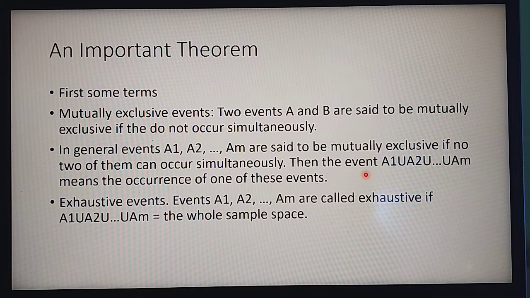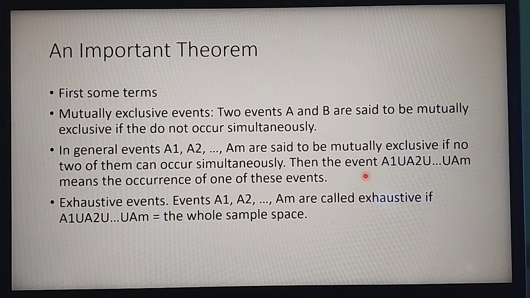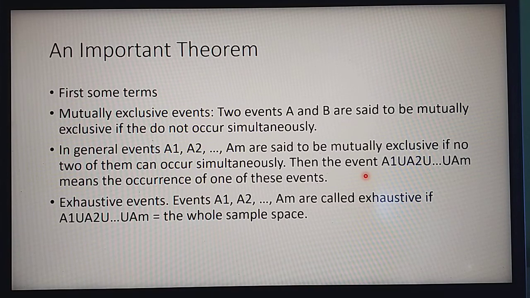And A1 intersection A2 means either A1 will not happen or A2 will not happen. That means they cannot happen simultaneously. So that is the idea.